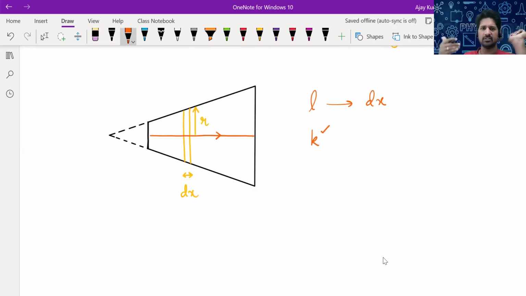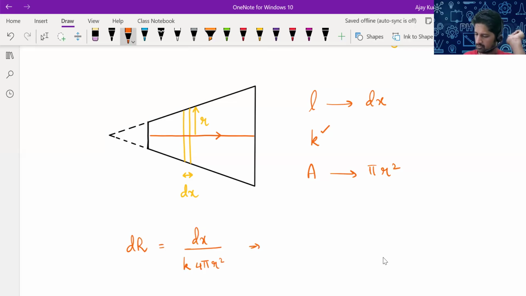All the disks have the same conductivity. Next, area of cross section through which the heat flows is the area of the disk, which is in the form of a circle. So the area becomes pi r square. Therefore, the thermal resistance of the disk becomes L divided by KA. But there is a problem in this.